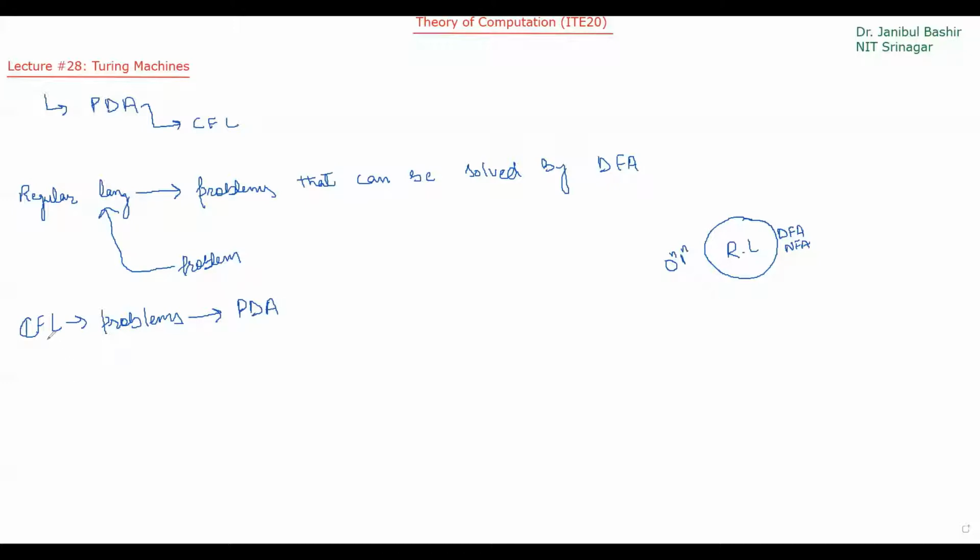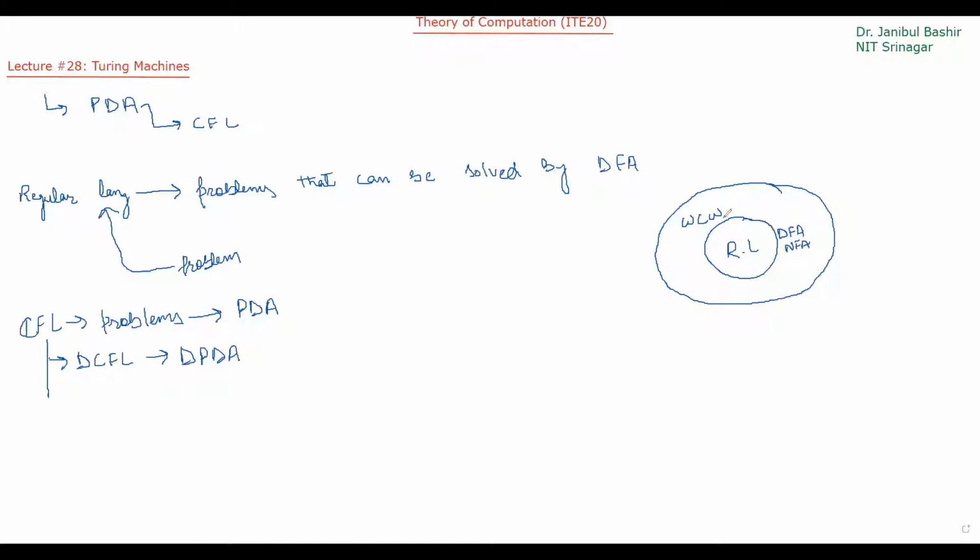And all context-free languages have one subtype, that is deterministic context-free languages, which are recognized by a deterministic pushdown automata.